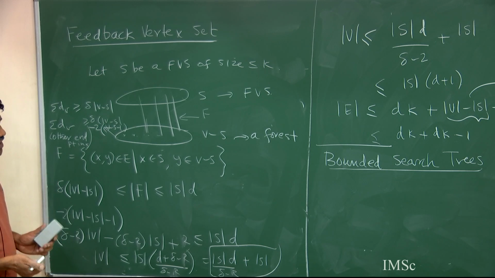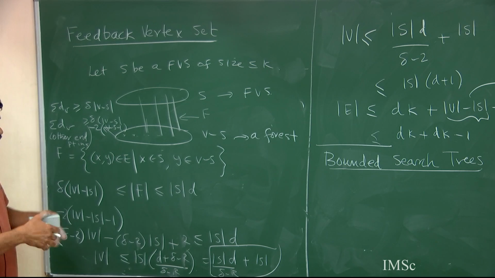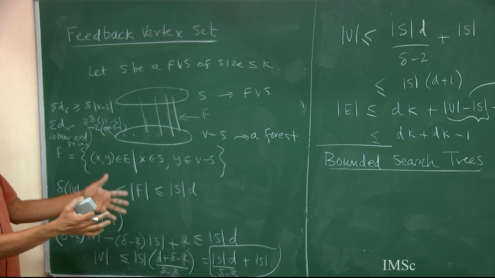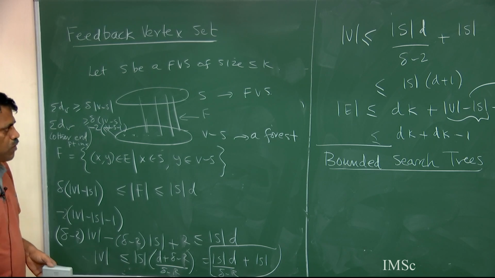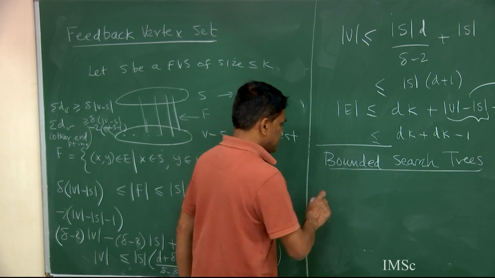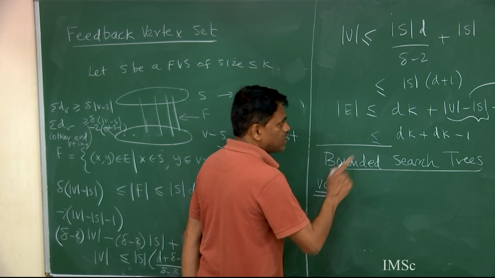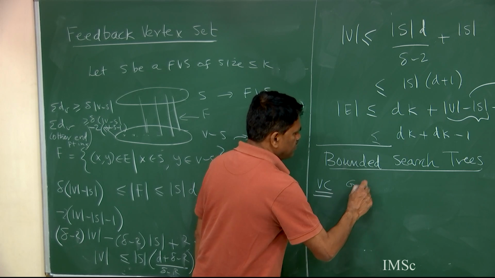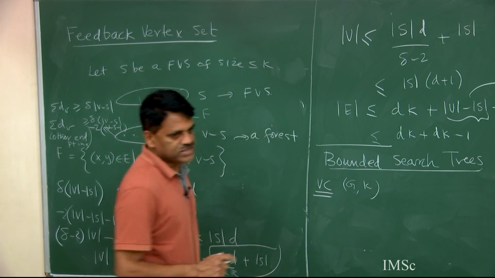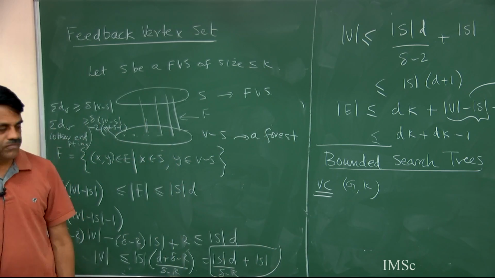In bounded search trees, what we do is we try all solutions in some sense, but in a very carefully pruned way. So let's try vertex cover first and then we will get to feedback vertex set. If I want an FPT algorithm for vertex cover, you want to know whether there is a k-sized solution.